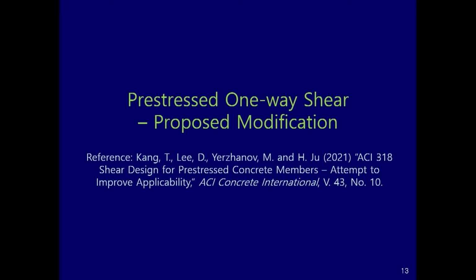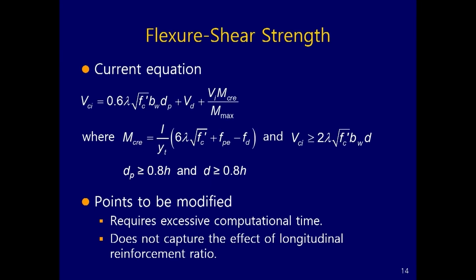Now I'd like to introduce the proposed modification of ACI 318 equations. And details are provided in the reference, which is published in Concrete International. Okay, the V_ci equation was like this. You have d_p, which is the effective depth to prestressing steel, and d is the overall effective depth for both prestressing and non-prestressed reinforcement.